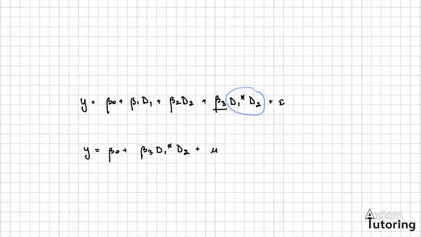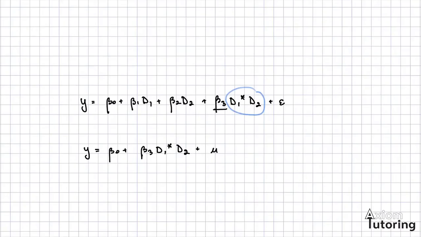And most of the time there is this justification, again built on a misconception, that you do not include D1 and D2 because they are dummies. So if you include both the dummies and the interaction term, then you have fallen into a dummy variable trap. However, that is not the case, okay?